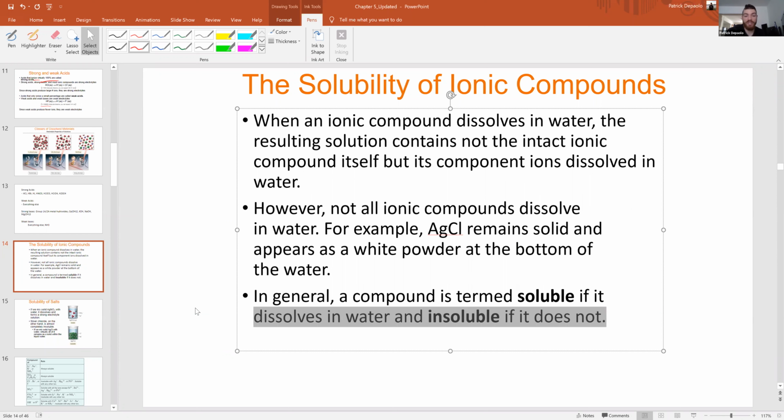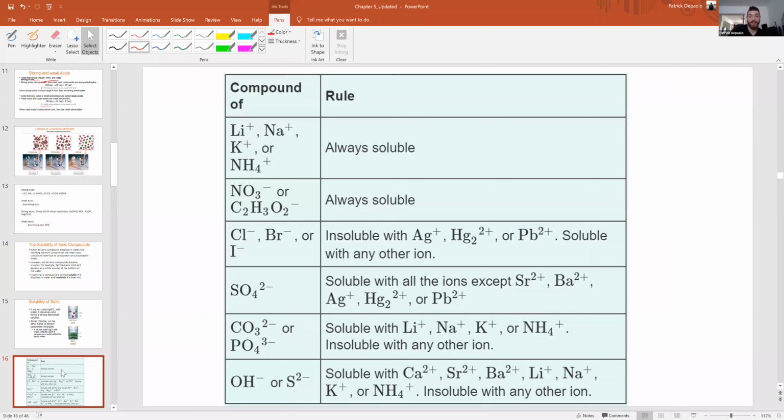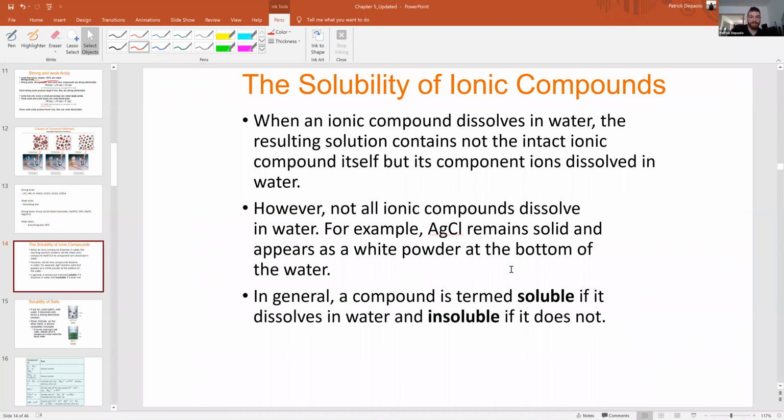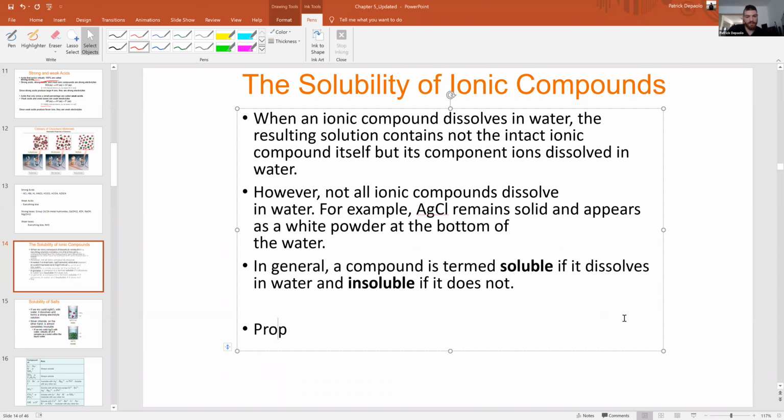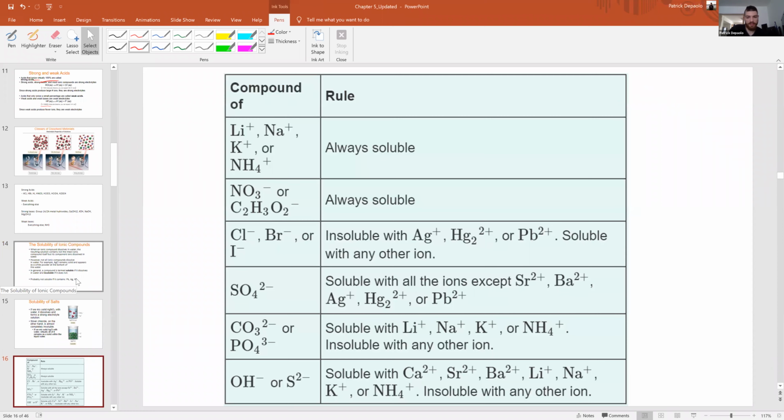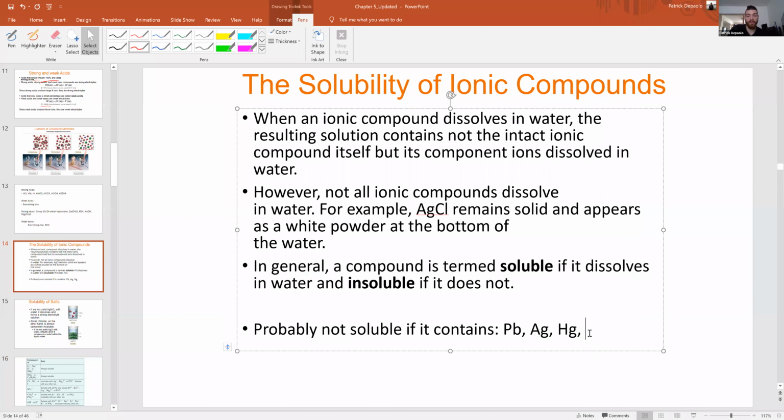And there's actually a little trick for that. We're going to talk about this in a second, but look at that. These are solubility rules. Oh my God, that's so daunting, right? There's an easy way. It's probably not soluble if it contains lead, silver, or mercury.